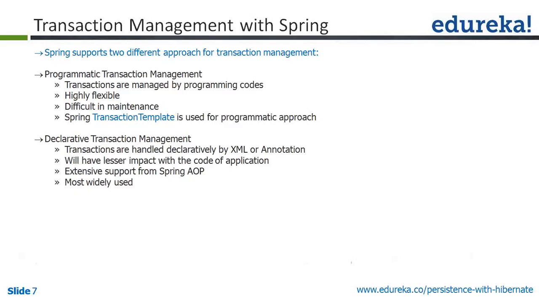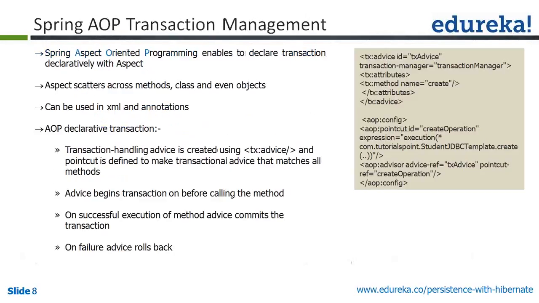But when you are doing your development, you would prefer doing it in programmatic transaction. So the programmatic transaction is hard to maintain but easier to develop. But declarative is difficult to develop but easier to maintain. It's just the reverse of it.